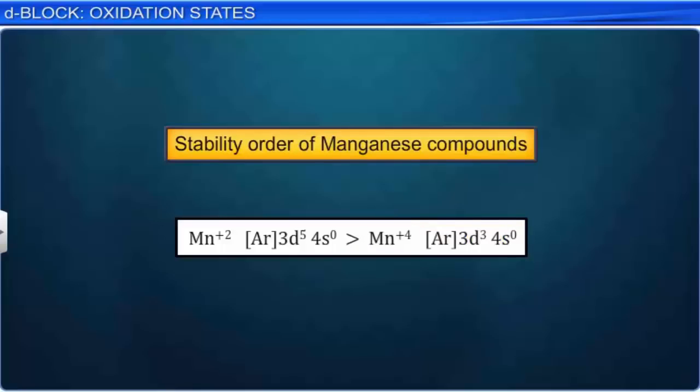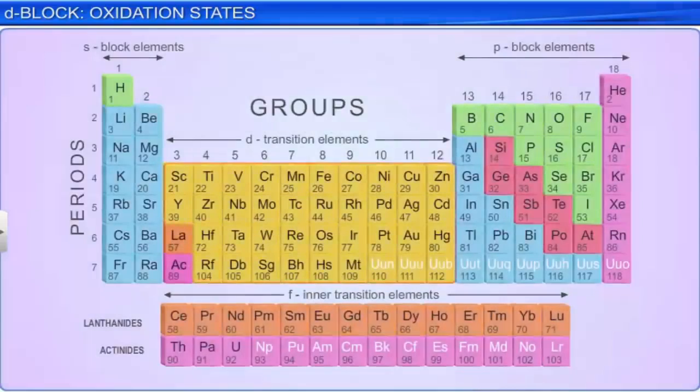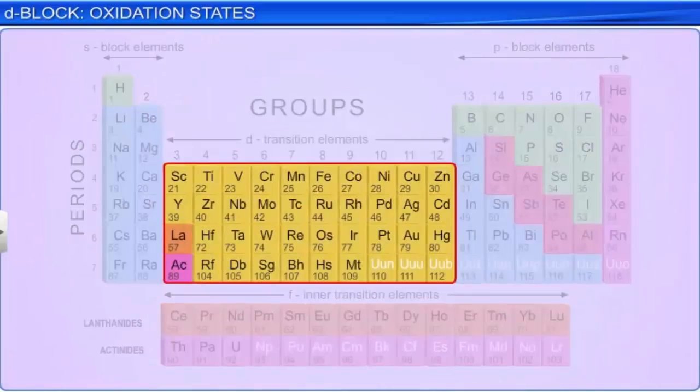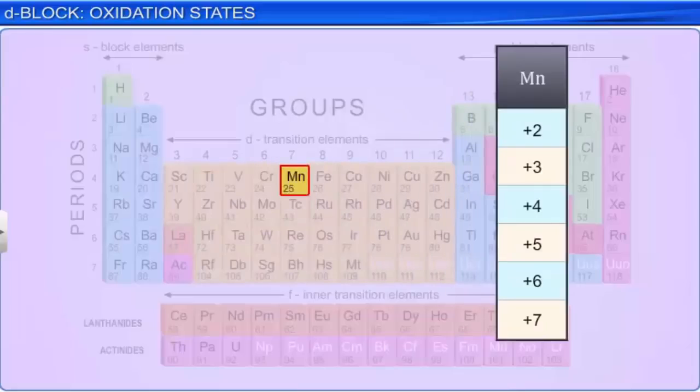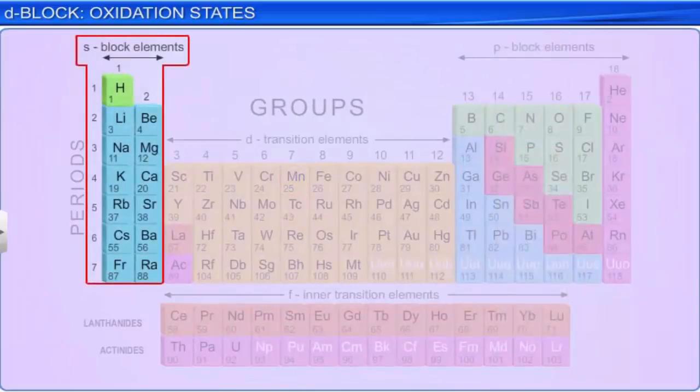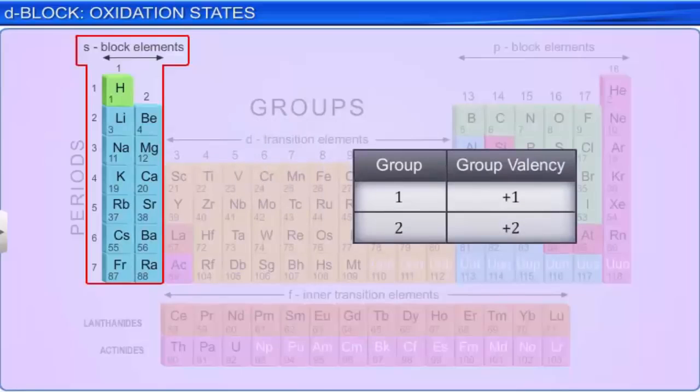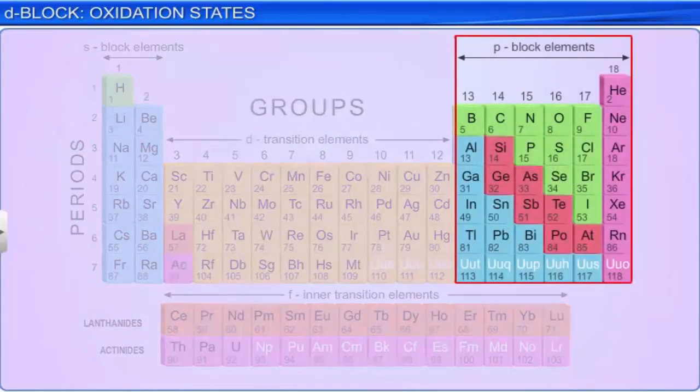The transition elements exhibit oxidation states that differ from each other only by 1 unit. This is in marked contrast to the s-block elements, which exhibit only the group valency, and the p-block elements, which exhibit either the maximum group valency or a valency less by 2 units.